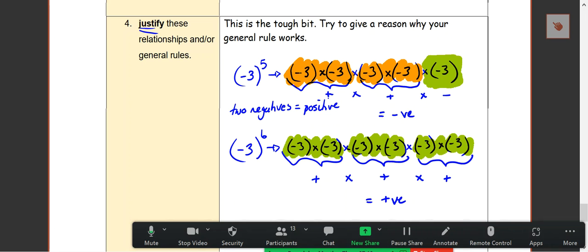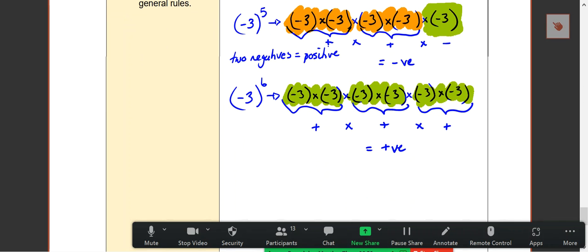There's an odd number of negatives, but why would it work for positives? What do you need to make the result of a multiplication negative?